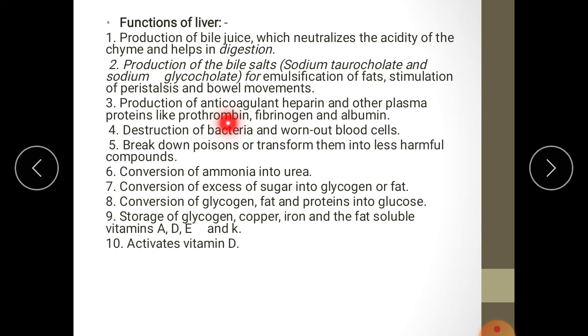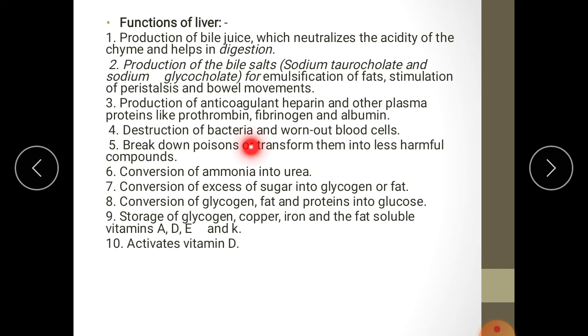Prothrombin is necessary for blood coagulation. Fibrinogen is also necessary for blood coagulation. Albumin is a protein. It maintains the osmotic requirements of the body tissues.